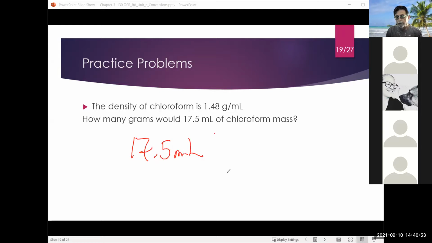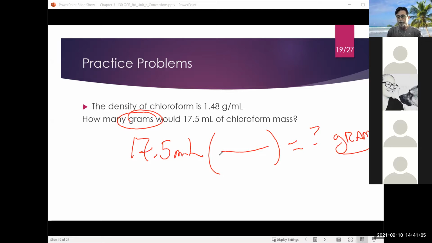We know we're going to have a conversion factor here. And what are we looking for? Unit-wise, we're looking for grams. So I want to set up my conversion factor with grams in the numerator and milliliters in the denominator, right? Because I want milliliters to cancel out. And so now I got my unit set up properly.